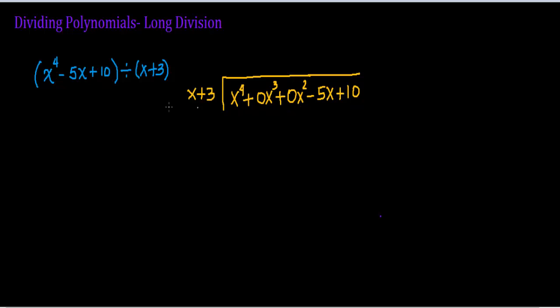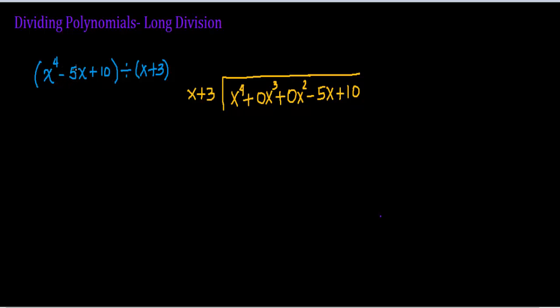Why do we do that? I have x to the 4th power, and then the next term is x. This x has an exponent of 1. We always write our polynomials in descending order of exponents. So I notice very quickly that I don't have an x to the 3rd power, which would be your next term.